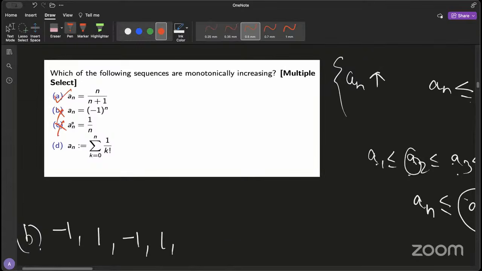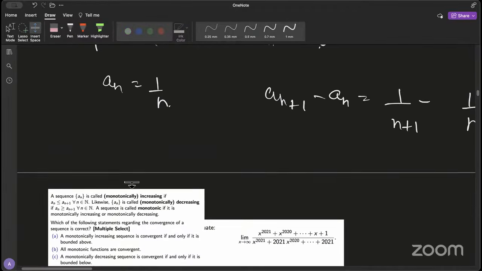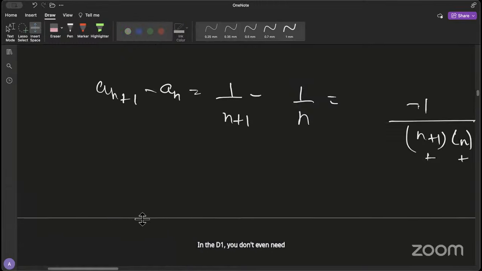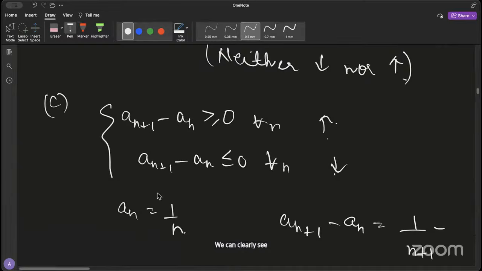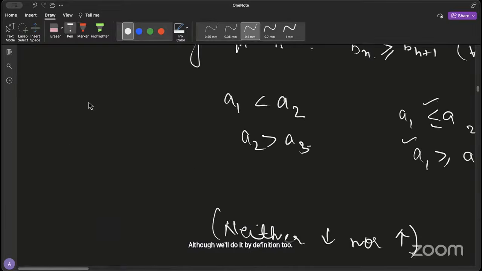So this option is also incorrect. And coming to this one, D1. In the D1, you don't even need to use the definition. You can clearly see that each term is, although we'll do it by definition too, we'll do it both ways.